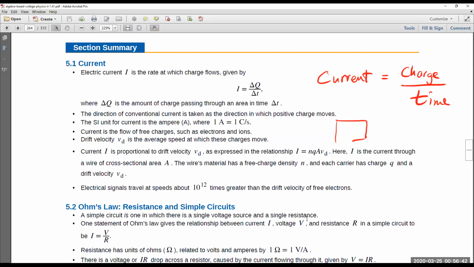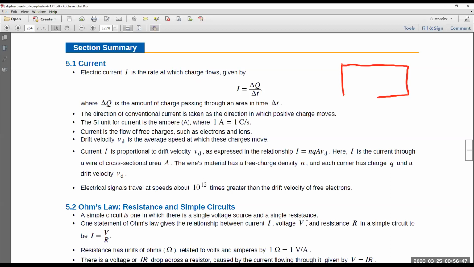Okay, so if you're given a simple electric circuit, this is the positive terminal, this is the negative terminal. So the direction of conventional current, the blue arrow, indicates how conventional current will flow.